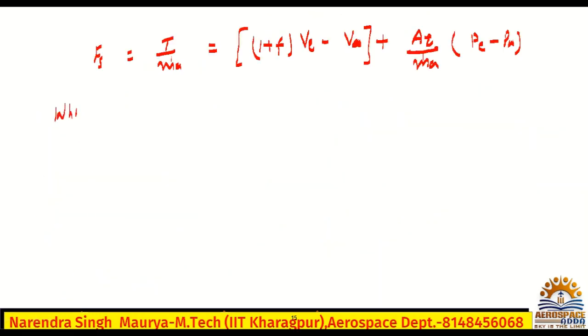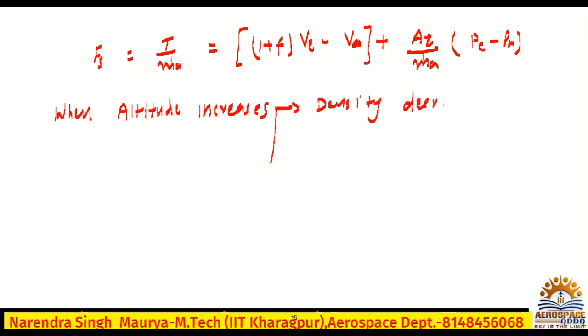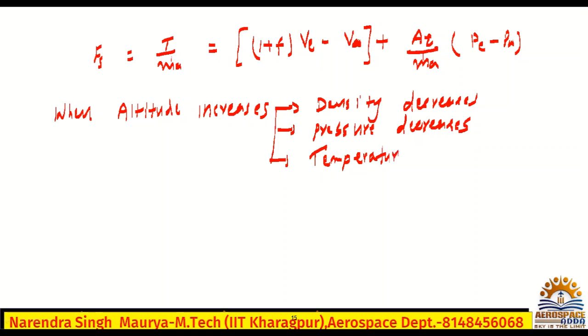When altitude increases, density decreases, pressure decreases, and temperature decreases in the troposphere.